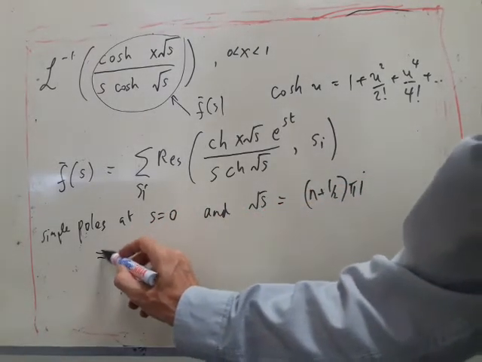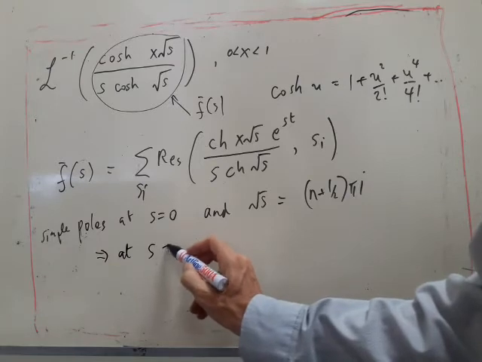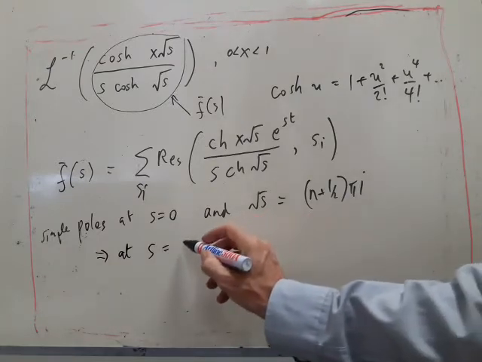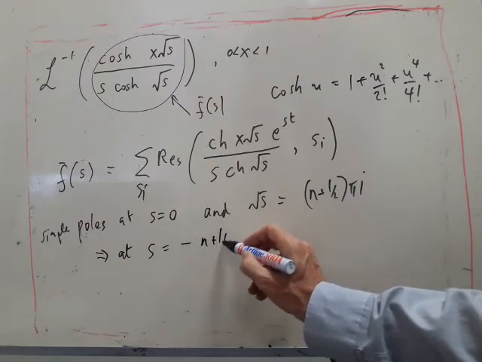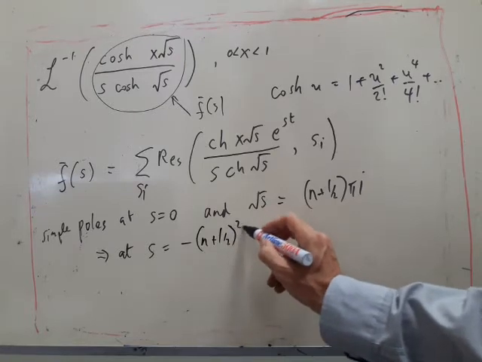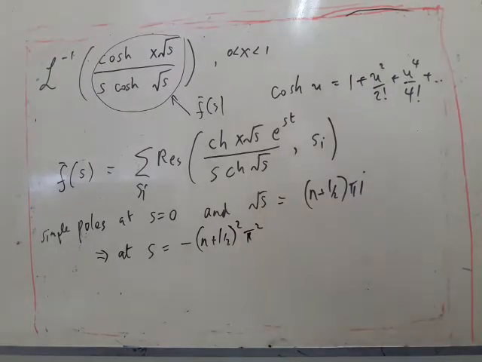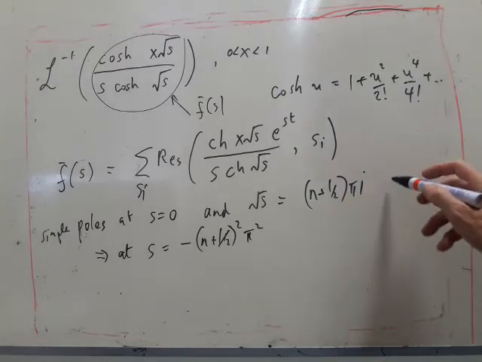So therefore, at s equals, taking the square of this, we get minus n plus a half squared pi squared.